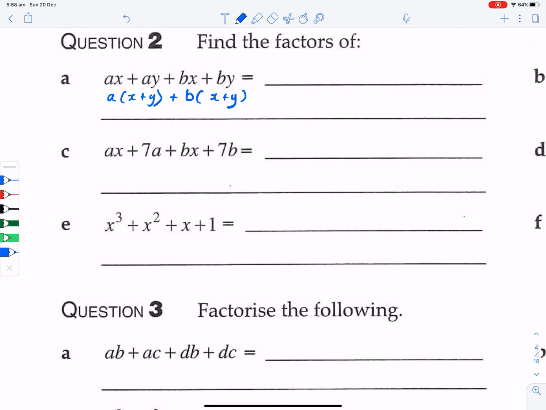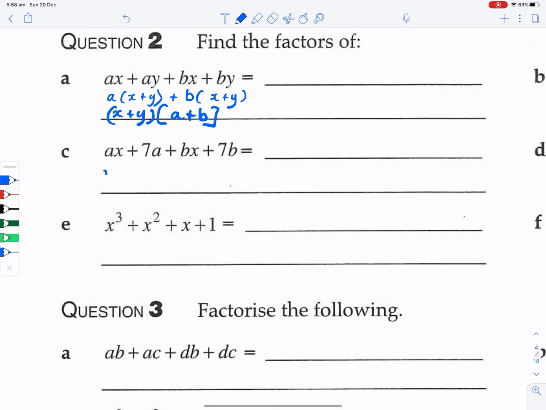So you factorize the first 2 terms, factorize the second 2 terms, and now you can see very clearly, based on what we learned previously, that the x plus y is a common factor. So your next step is exactly what we did before, which is take out the x plus y as a common factor, and now you're going to have a plus b in there. That's it. That's factorizing 4-term expressions.